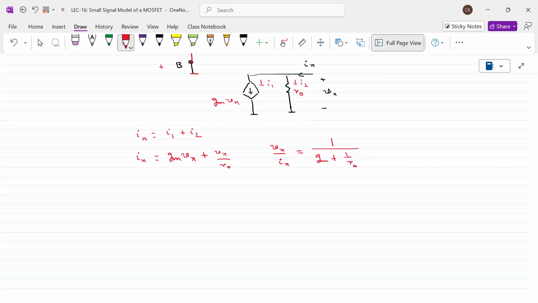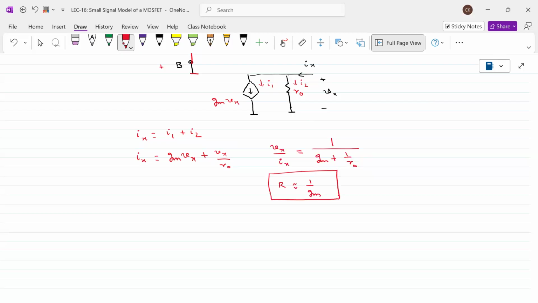As I told you, R naught is approximately 20 kilo ohm, so 1 by 20 kilo ohm is a very, very small number. Therefore, we can approximate this resistance R as 1 by Gm.